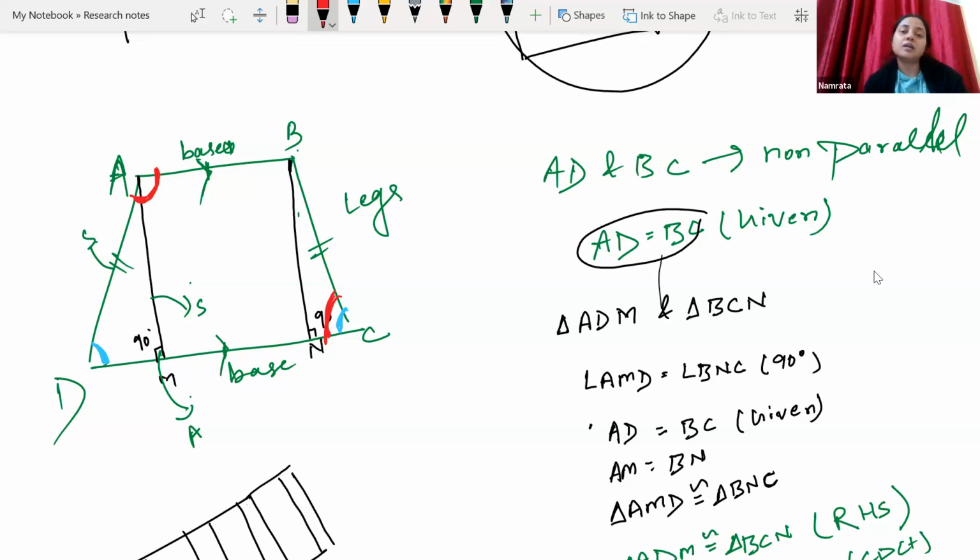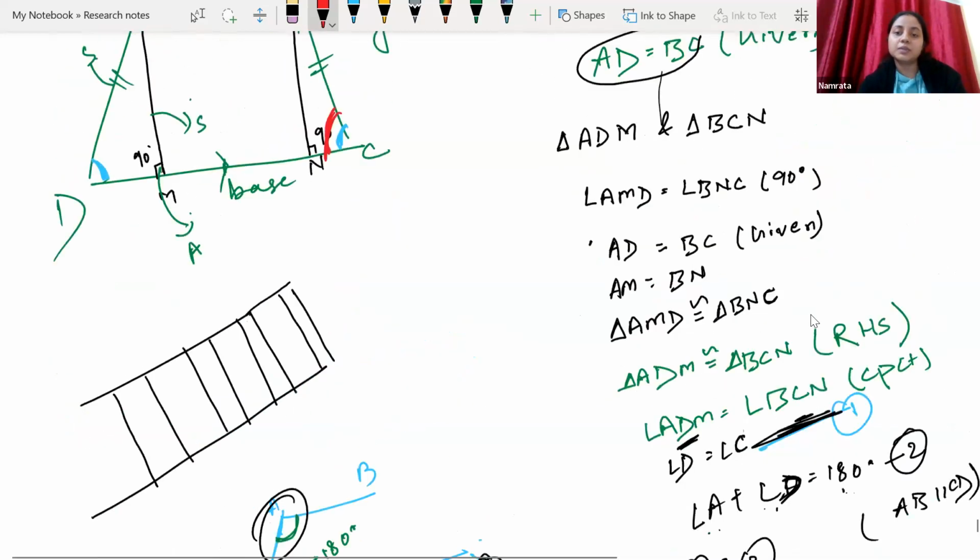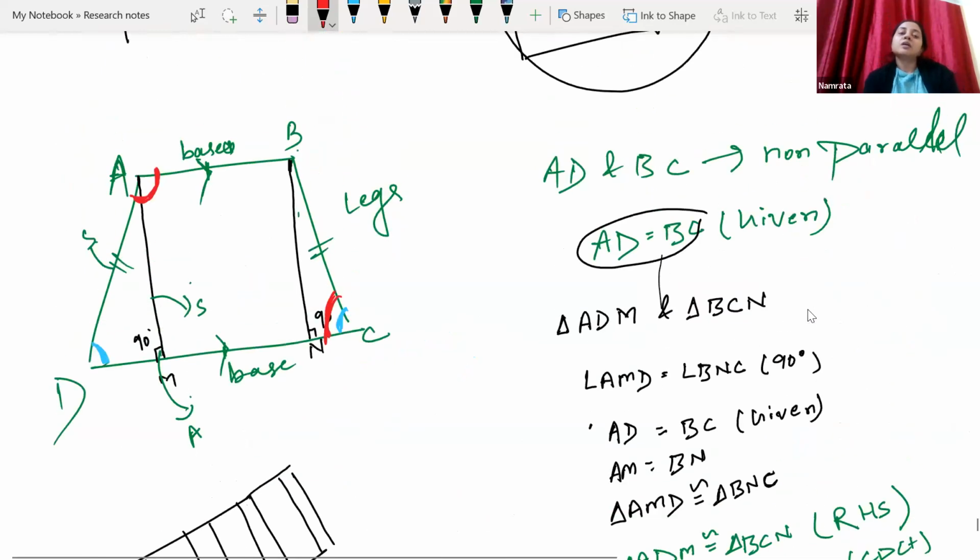And then from the parallel line concept we got a pair of co-interior angles also. By taking these two equations we ended up getting the opposite angle sum as 180 degrees, and hence this trapezium is cyclic.